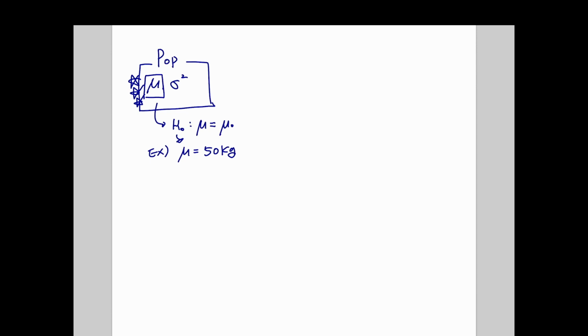To calculate the p-value for the hypothesis, we need to know the distribution of the sample mean x bar, which is an estimator, with a sample size of small n.